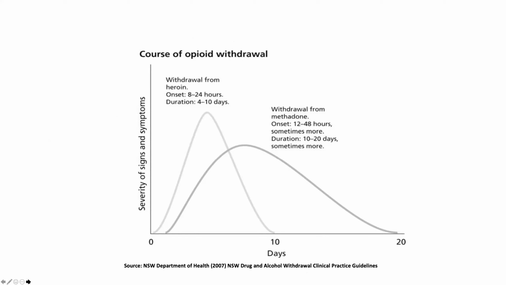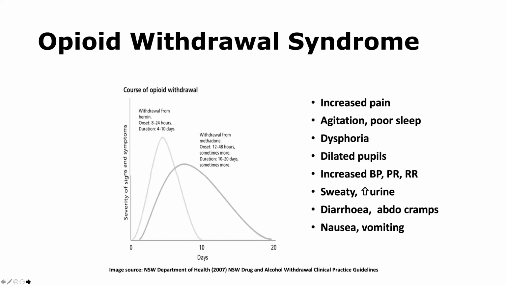MAT is for managing withdrawal. The predominant medical reason that you go to MAT is to manage withdrawal. But the secondary, and probably more important, reason is to prevent overdose, because people will overdose as a result of going to street drugs. So those are the two issues we have to deal with.